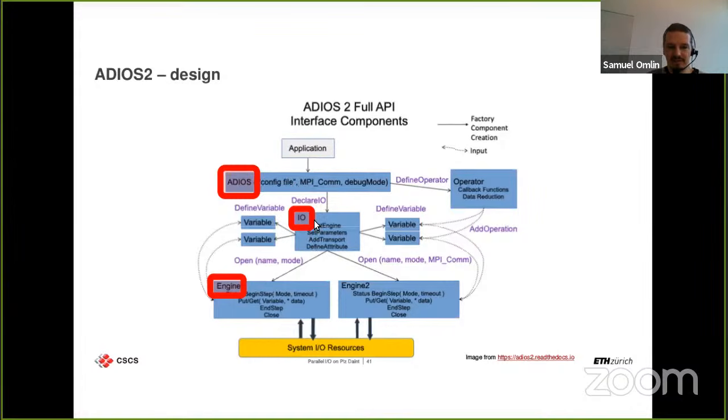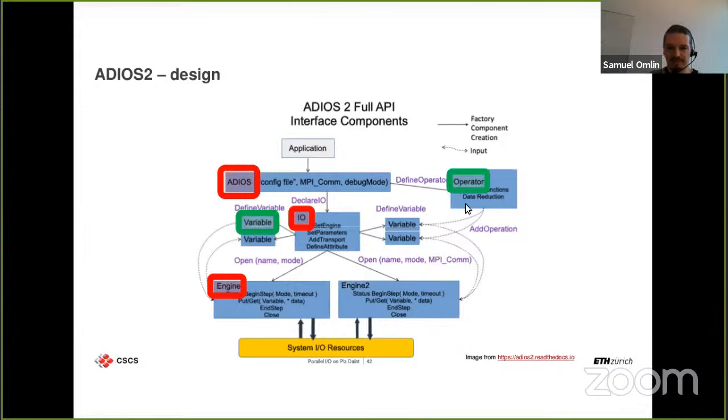Then we have the I/O component, where you declare what kind of stuff you want to do. You want to create a variable, add some attributes, etc. And then we have the engine, which is like an engine motor, right? It's the thing that actually does the work. The engine will take care of actually writing and reading.